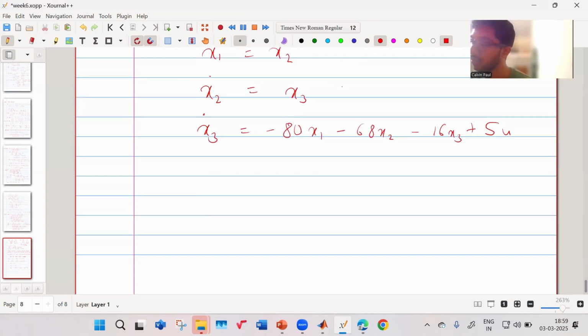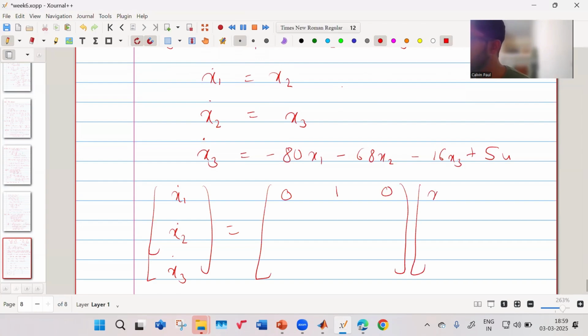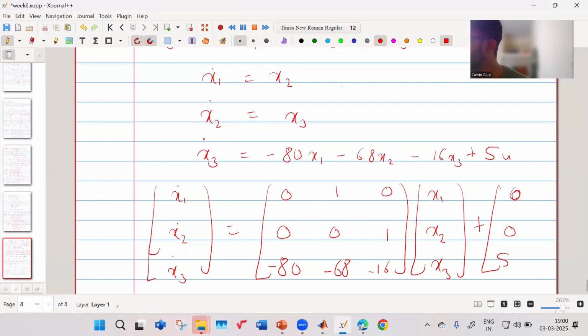So how do we write it? We write it as x1 dot, x2 dot, x3 dot is equal to 0, 1, 0, then 0, 0, 1, then minus 80, minus 68, minus 16, into x1, x2, x3, plus 0, 0, 5 into u. Okay, 0, 0, 5 into u.